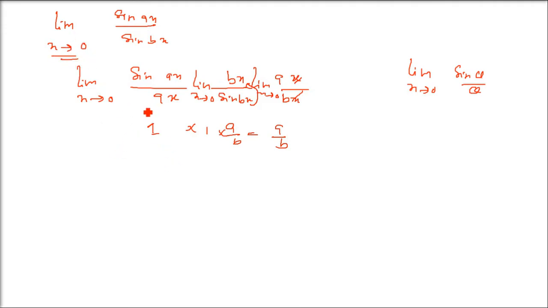Now all these we have seen for x tends to 0, but there may be a possibility when we have to evaluate trigonometric limits when the variable tends not to 0, but to a non-zero quantity.